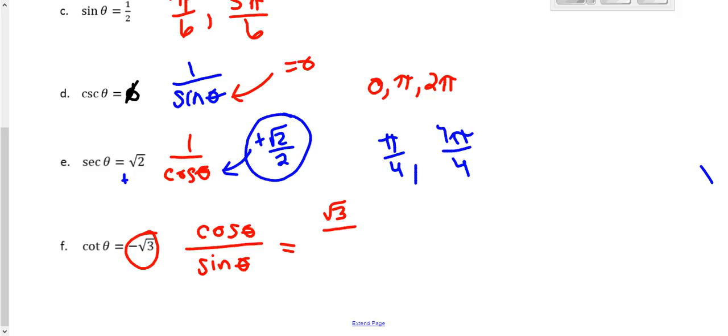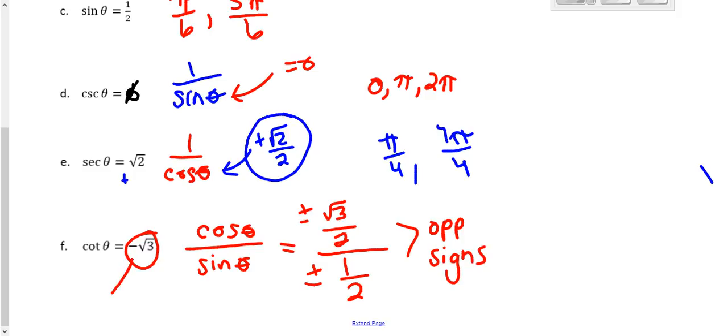The only value on the unit circle that involves a square root of 3 is square root of 3 over 2. Every time cosine involves a square root of 3 over 2, sine is 1/2. Now, as long as these have opposite signs, then this cotangent value will be negative. So I need them to have opposite signs.